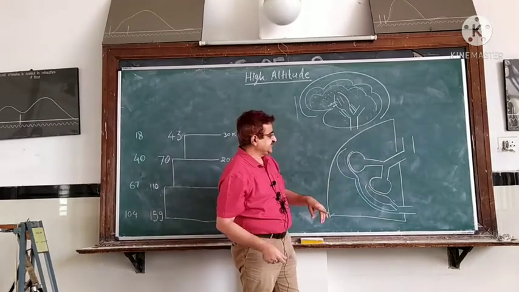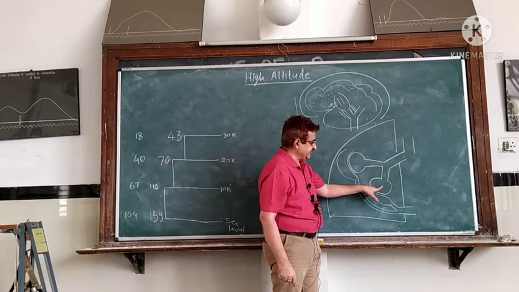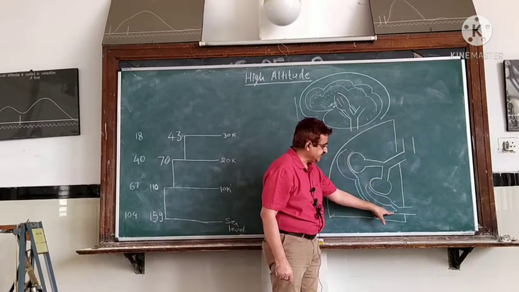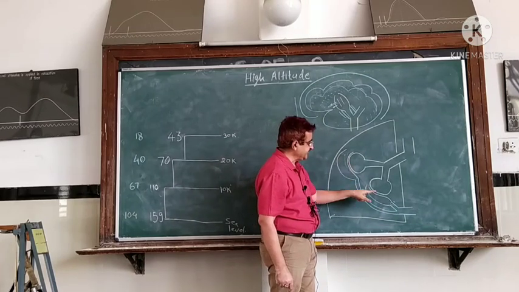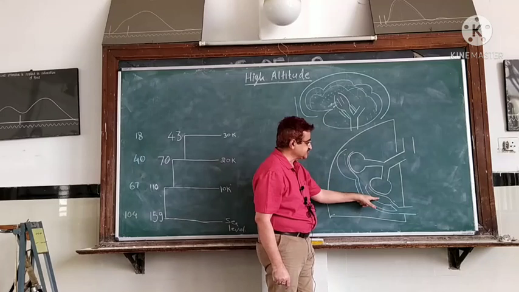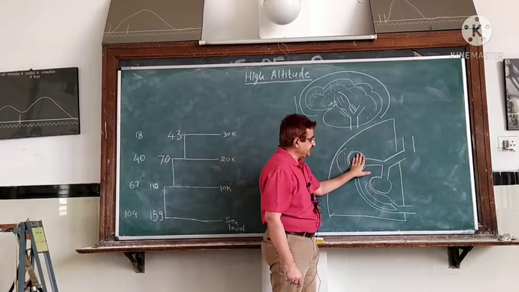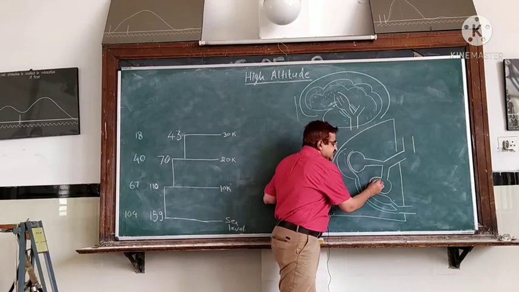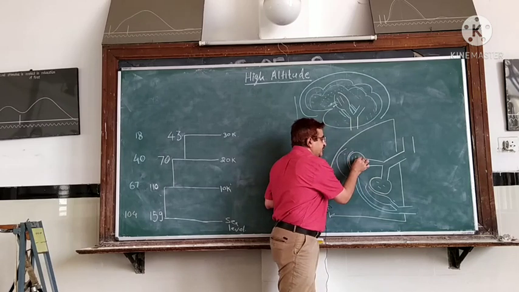The reason is this: this is one alveolus, this is a second alveolus, this is the artery, this is one arteriole, and this is another arteriole, giving rise to separate pulmonary capillaries. Now at high altitude, one alveolus is poorly ventilated and the other alveolus is properly ventilated with air.